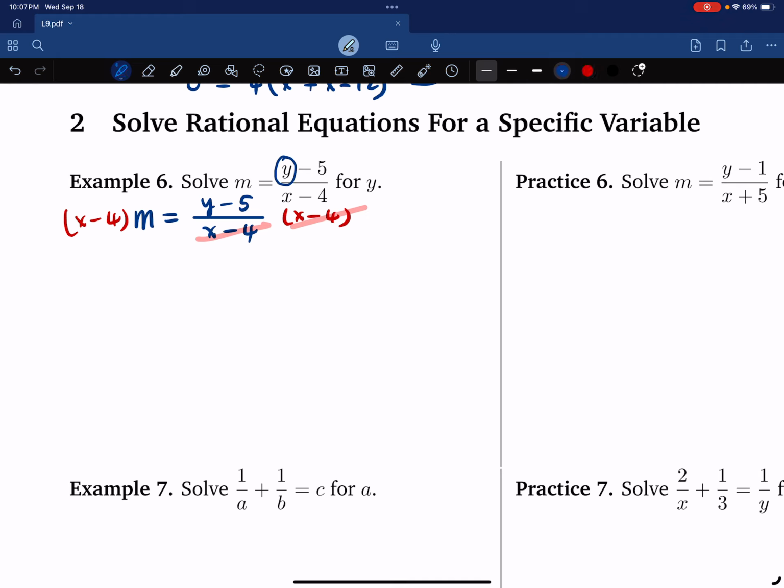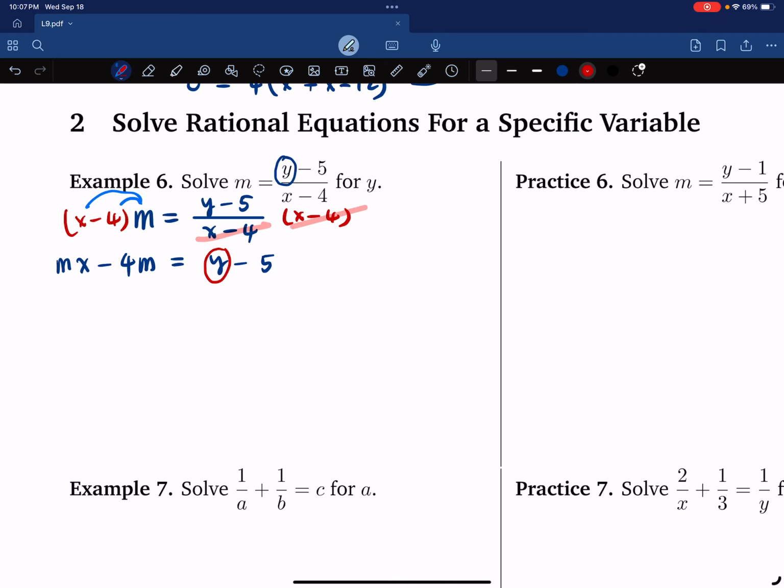So on the left-hand side, we can distribute m. And that will give us mx minus 4m equals, on the right hand side, it's y minus 5. And again, we're isolating y, right? So I circled that.